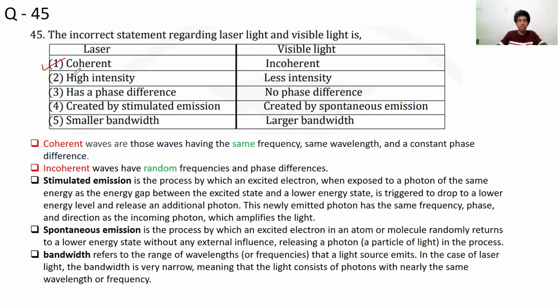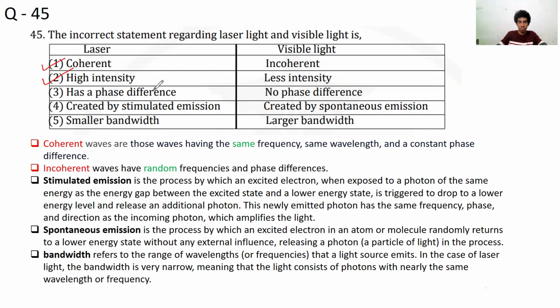incoherent. Second one, high intensity and less intensity. Yes, that is also correct. As laser lights are coherent, they can undergo constructive interference, increasing their intensity. Therefore, laser lights have a higher intensity. But as visible lights are incoherent, they have a less intensity.